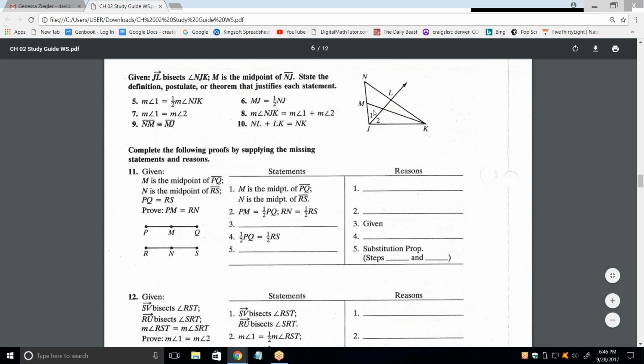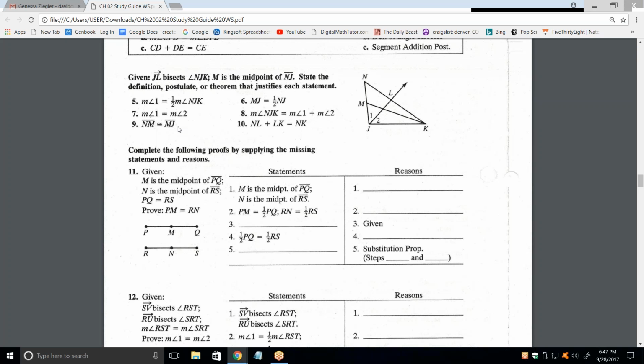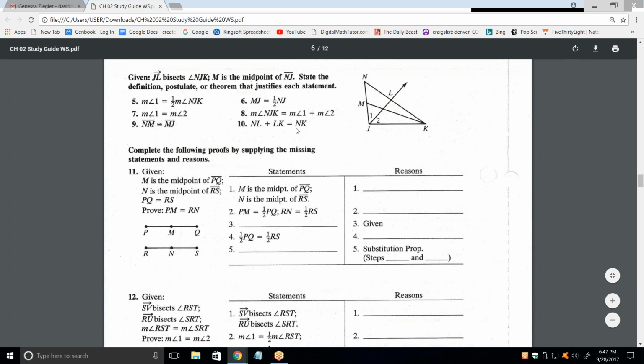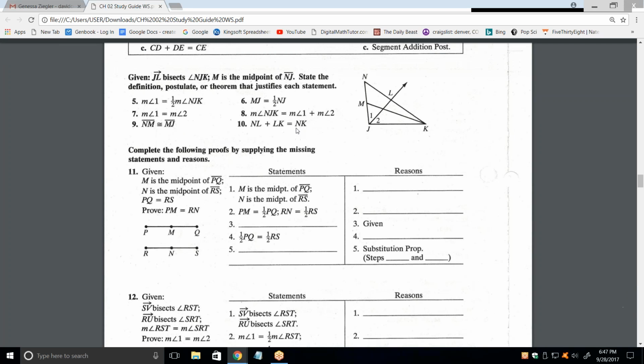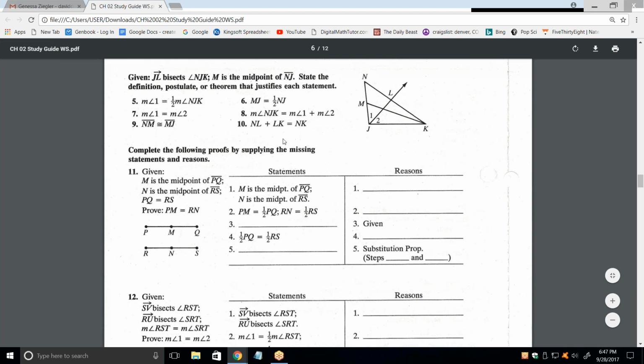Same way the angle bisector theorem meant that angle 1 was equal to angle 2. So perhaps it's a combination of the congruency theorem and the angle bisector, or the midpoint theorem. I'm not sure. It seems to me they're wanting only one thing for each of these.